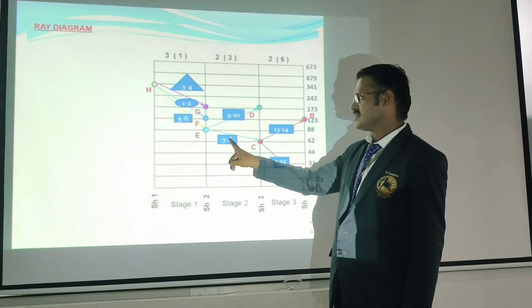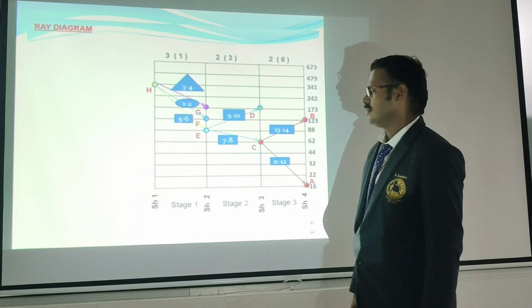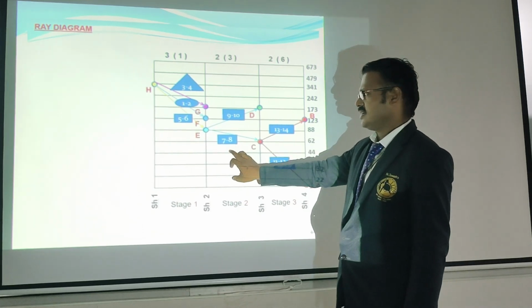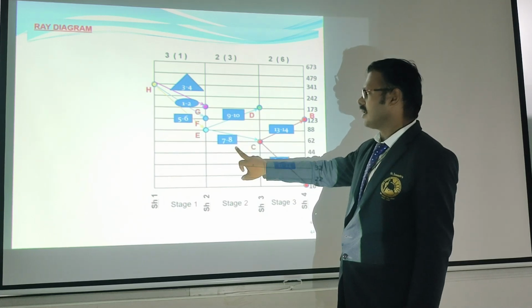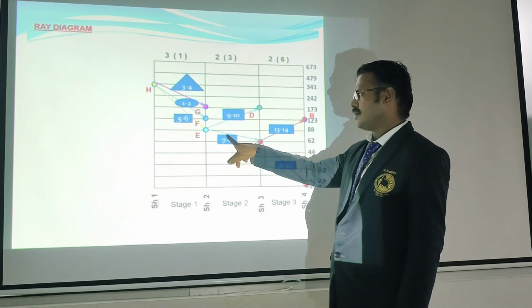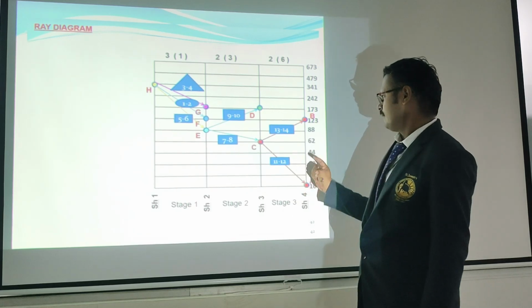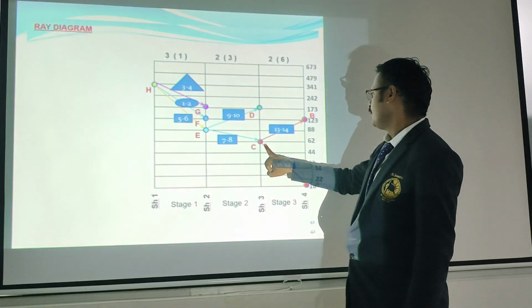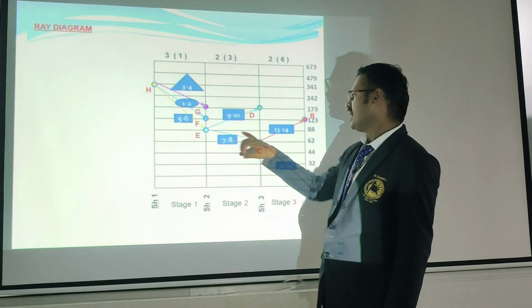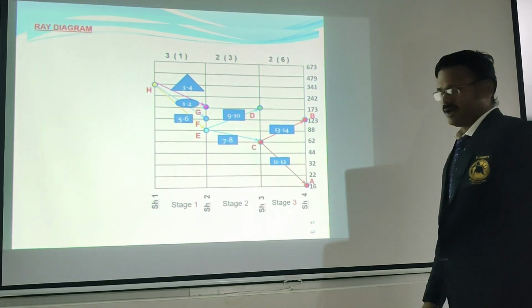The gear pair is 7 to 8. So now we have to use the formula as Z7 divided by Z8 equal to N8 divided by N7. That formula we need to use. Then the input RPM is 88, the output RPM is 62. So 88 to 62, that we have to use.